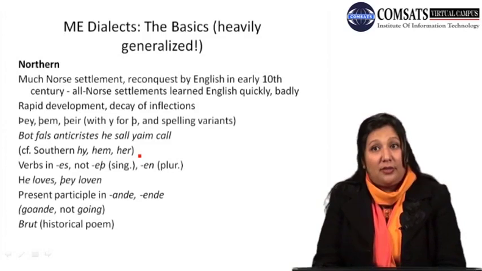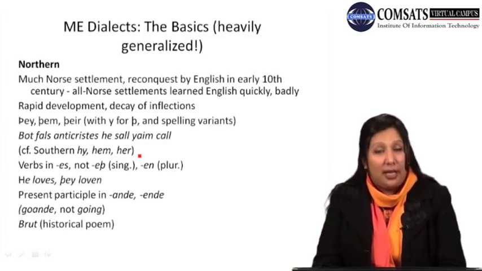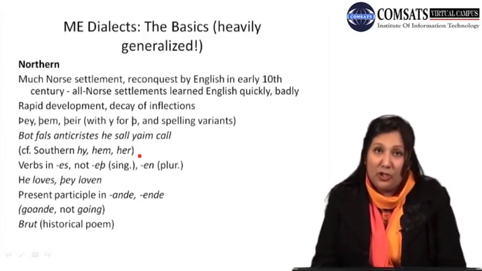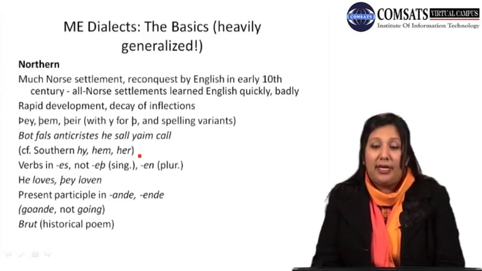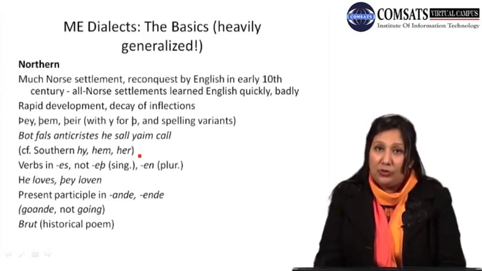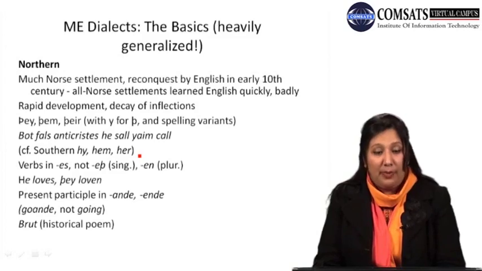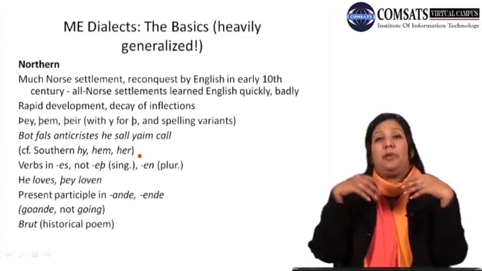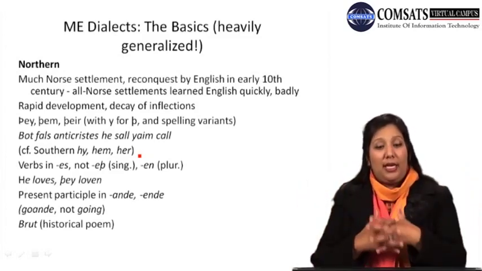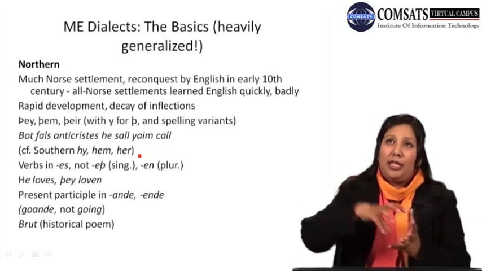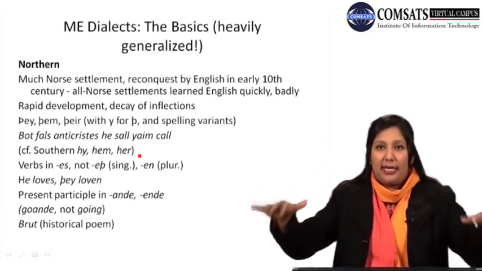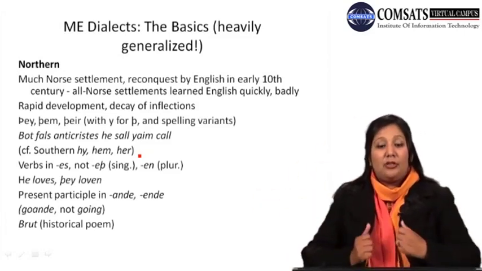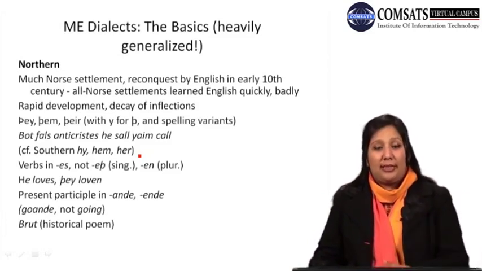Although they learned it very quickly as they interacted with the people, the English was really very bad, perhaps because of the rapid development. When one thing is developing so rapidly, another thing is decreasing. So there was a decay of the inflections at that time.